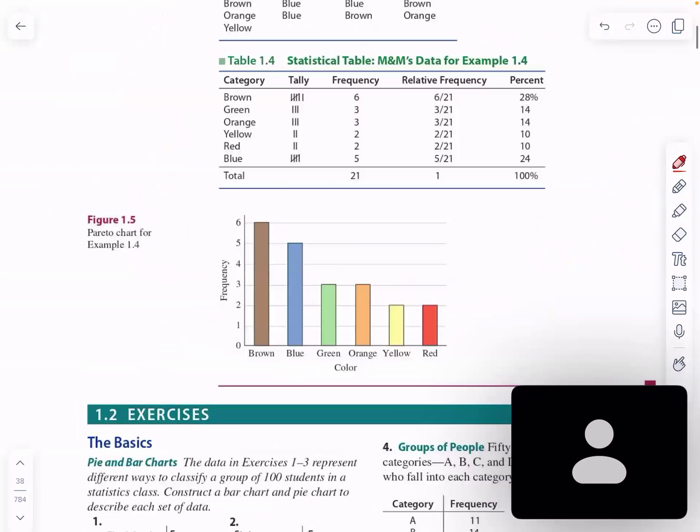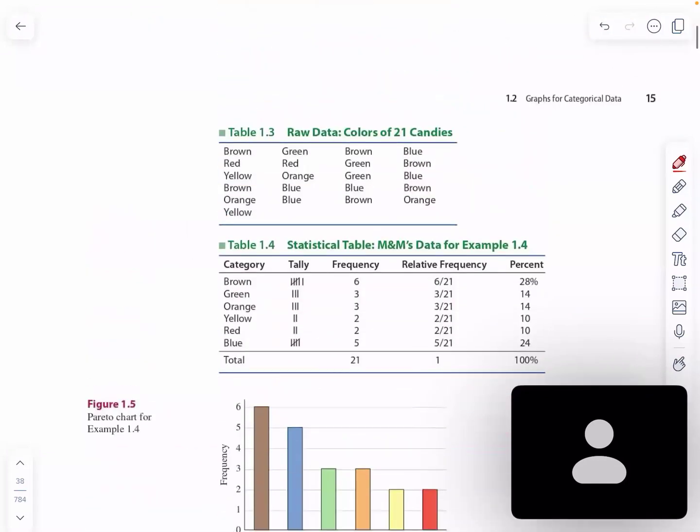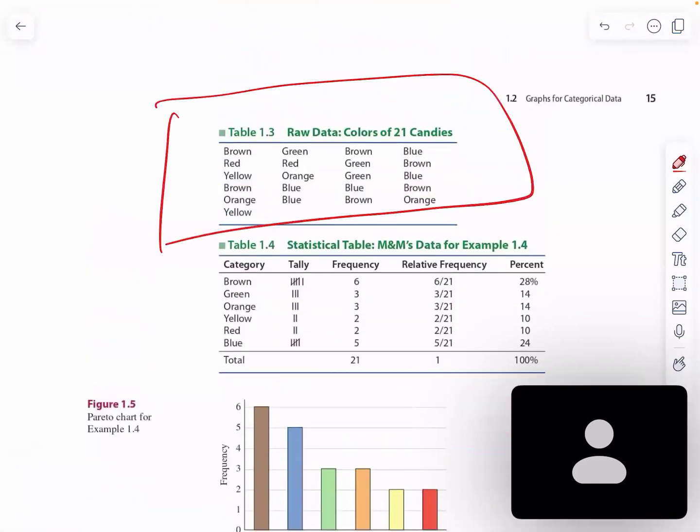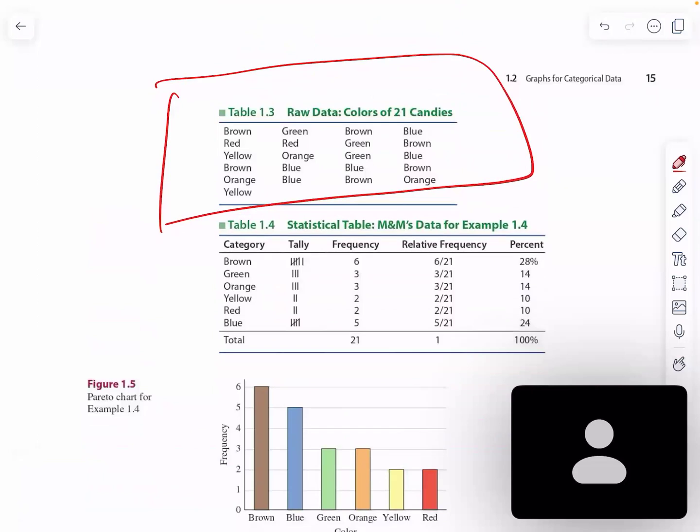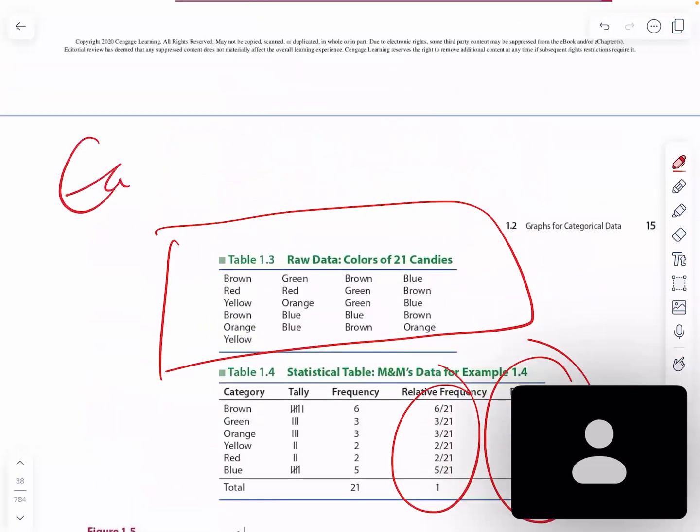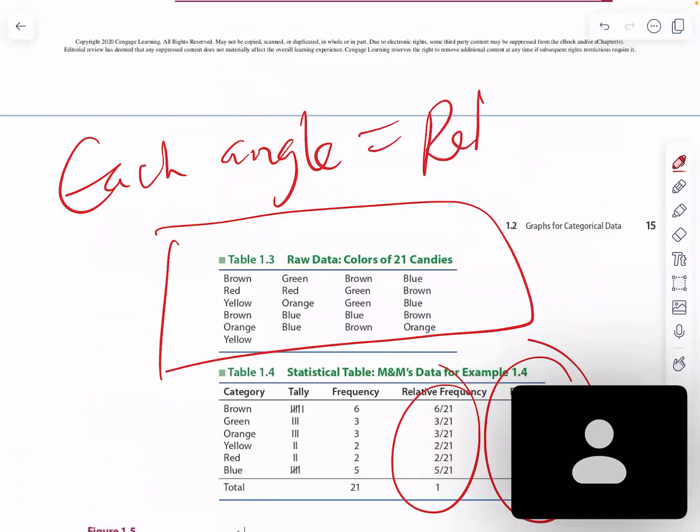Now we move to, you can have many examples. Look at this table. We talked about this table yesterday. You develop the tally for them. This is the frequency, the relative frequency, and this is the percentage. Okay, so each angle equals relative frequency times 360 degrees.